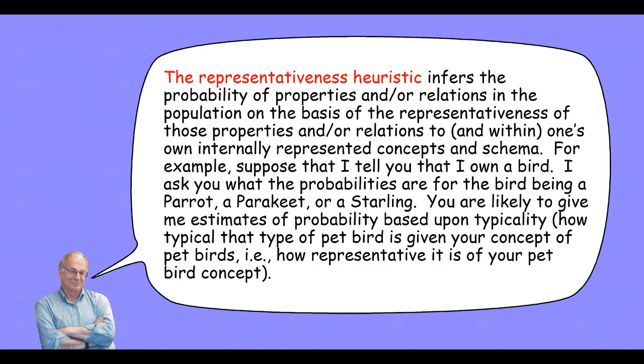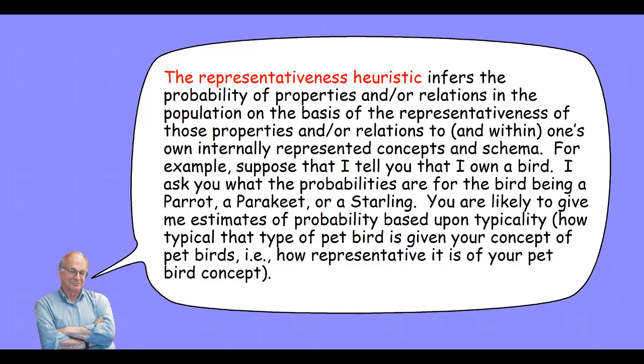The representativeness heuristic uses a relationship between samples and populations as well. The representativeness heuristic infers the probability of properties and/or relations in the population on the basis of the representativeness of those properties and/or relations to and within one's own internally represented concepts and schemas.